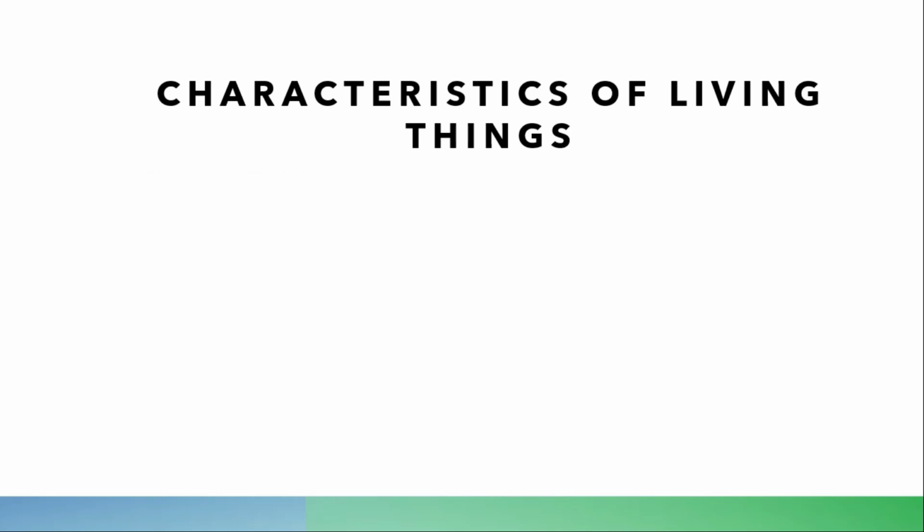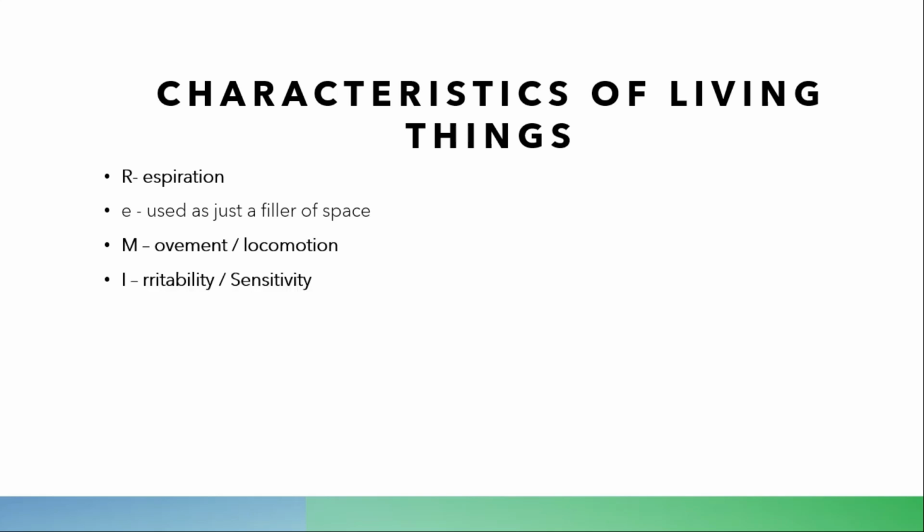Let's go down. So R, and I'm seeing R aspire. I'm wondering what that means. Think about it. Let's look at the other one while you think. E, they are saying that little common E there is used just as a filler of space. Then you have M, movement, locomotion.